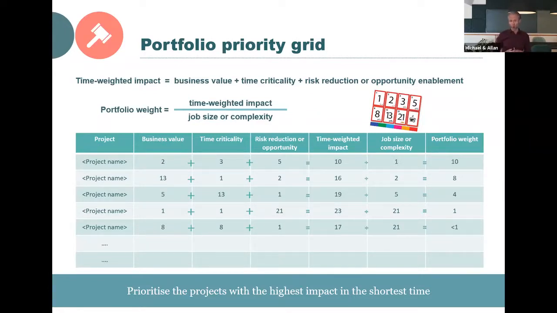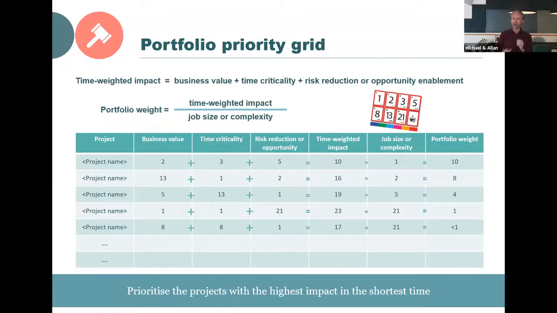For each project in their portfolio, they would assess the business value of this project, the time criticality of this project, and what kind of risk we will reduce or what opportunity we will fulfill with this project. Then you add together the sum of these numbers, which will go from 1 to 21, and then you will have the time-weighted impact.